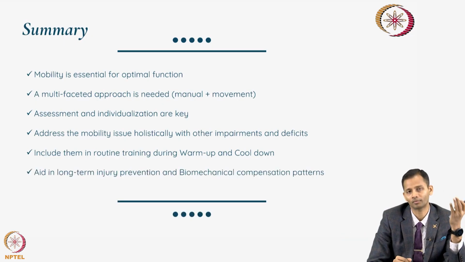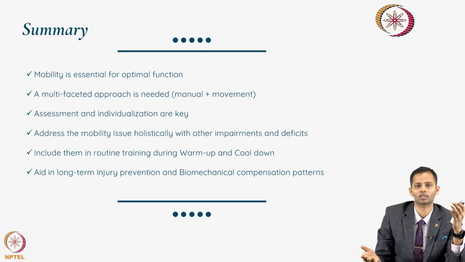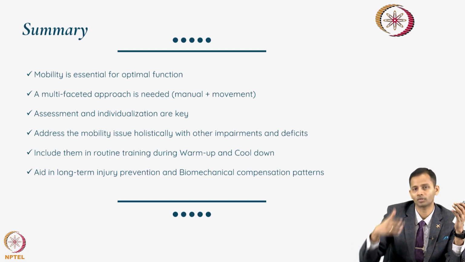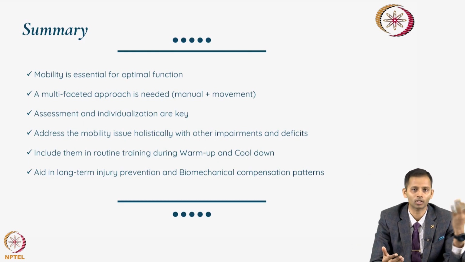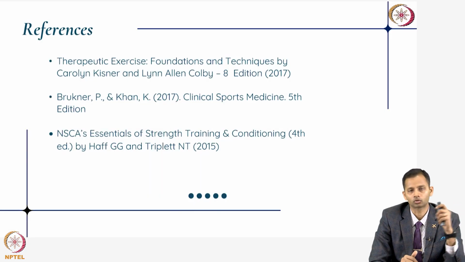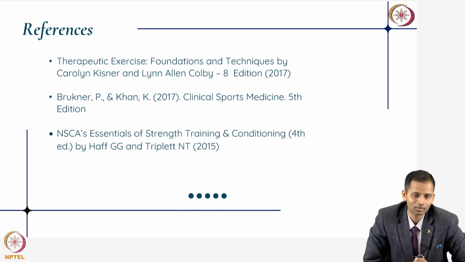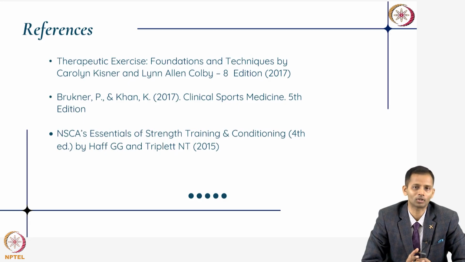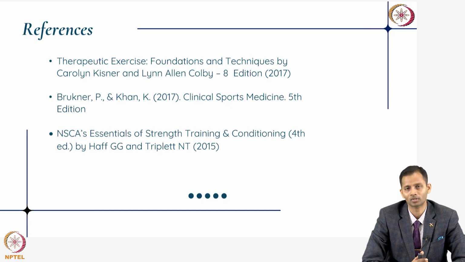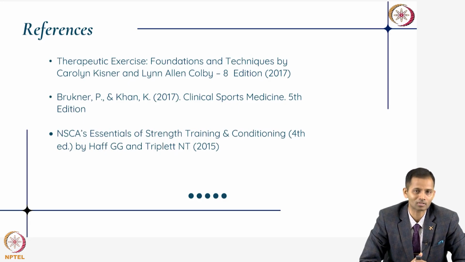So that prevents biomechanical compensation patterns as well, which may also lead to injury of the other structures in the kinetic chain. So for those of you who are interested in further in-depth reading about flexibility and mobility aspects, I would suggest these references.